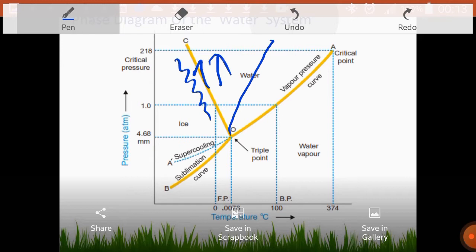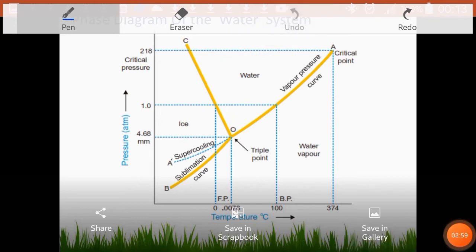And why does it decrease? You know that water has a special property, what we call the anomalous expansion of water. What is the main reason for that? The reason is hydrogen bonding. Only water has that intermolecular hydrogen bonding.